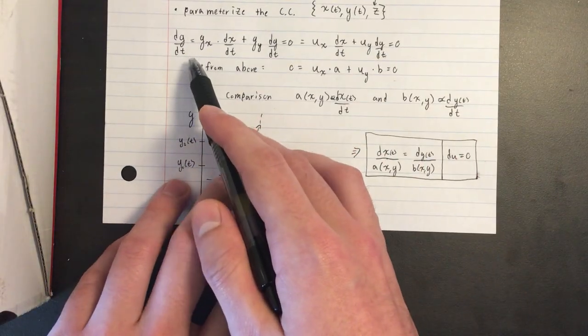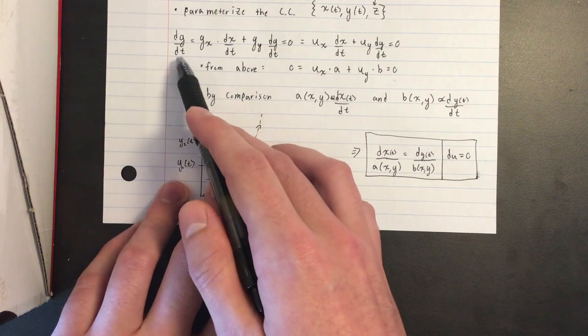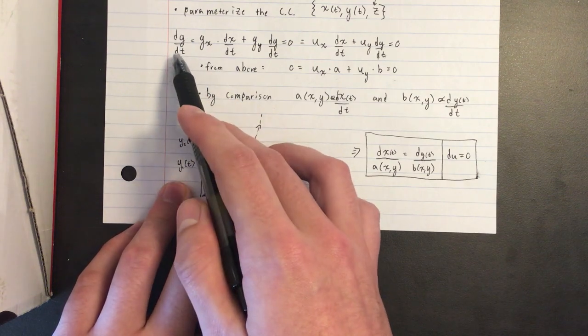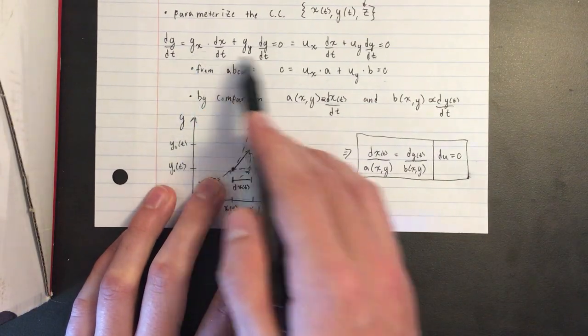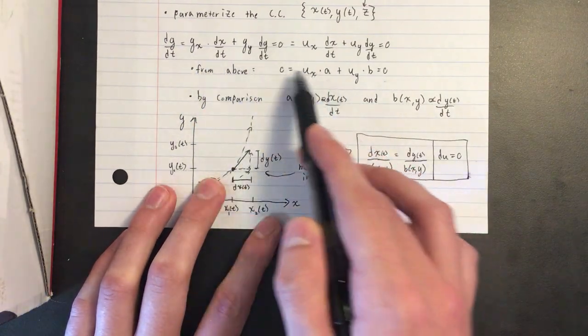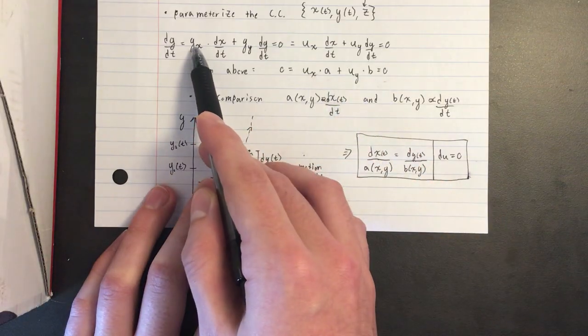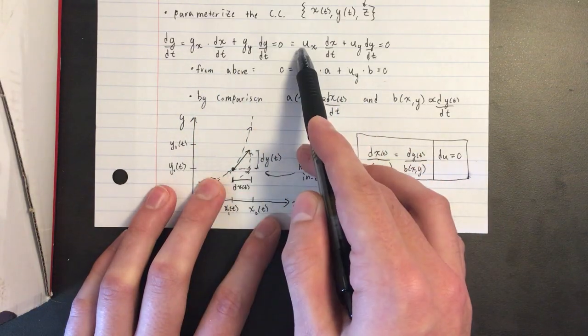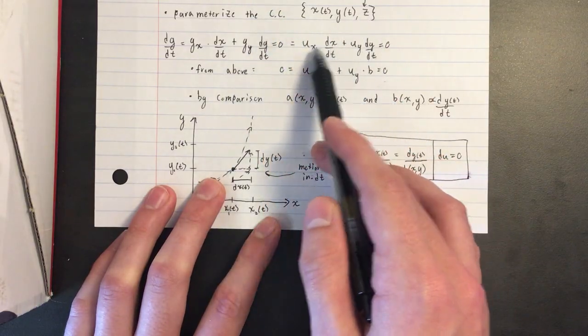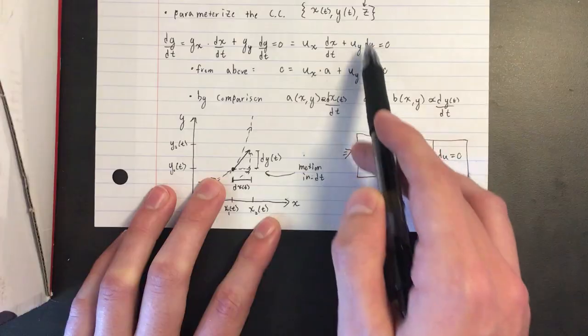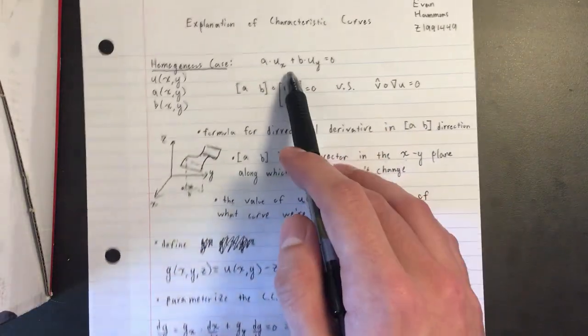So here we can see that if we take the derivative of g with respect to time, or with respect to the parameter, we have this equation, which we'll notice is very similar to this, because here we have g and we take the partial with respect to x, and we assume that z is constant because it's on a characteristic curve. So all of that goes away, and we just have to compare these two equations, and this just came from the top.